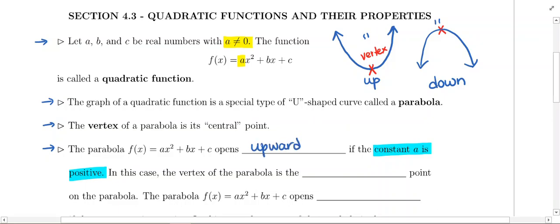So in this first parabola that I drew, the upwards opening one, the a value in the equation, the number in front of x squared, is going to be positive or bigger than 0. If you keep reading in the bullet point here, it says if you're dealing with an upward opening parabola, the vertex of the parabola is the blank point on the parabola. Well, look at the vertex.